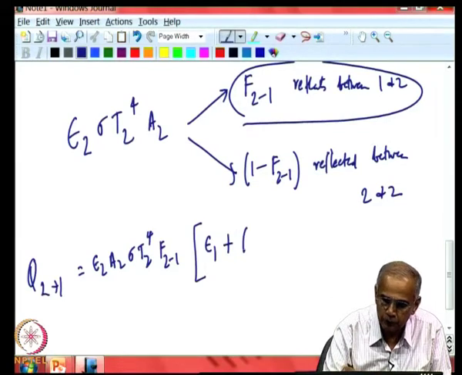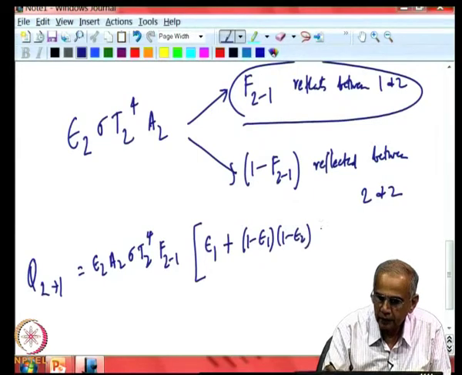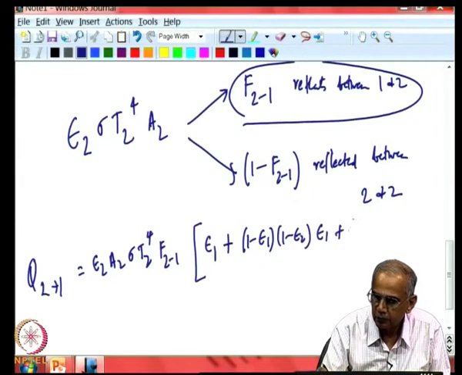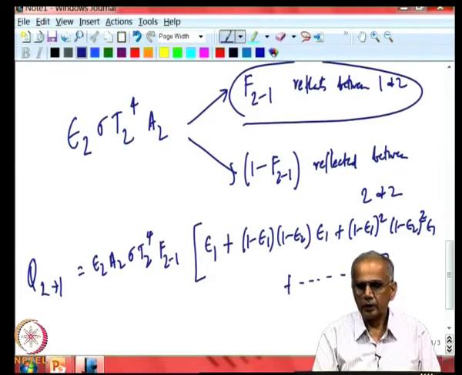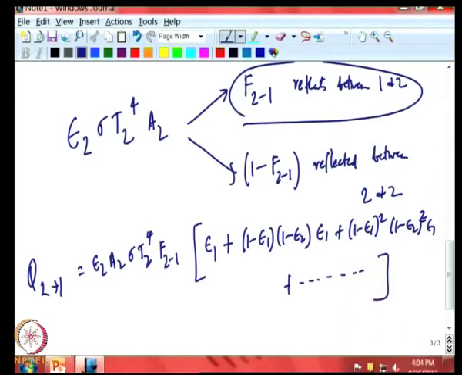It will undergo 2 reflections and again get absorbed, or 4 reflections and again get absorbed, and it is an infinite series. This is the ray tracing method which we had already adopted between 2 parallel plates. Same logic, there is no difference.